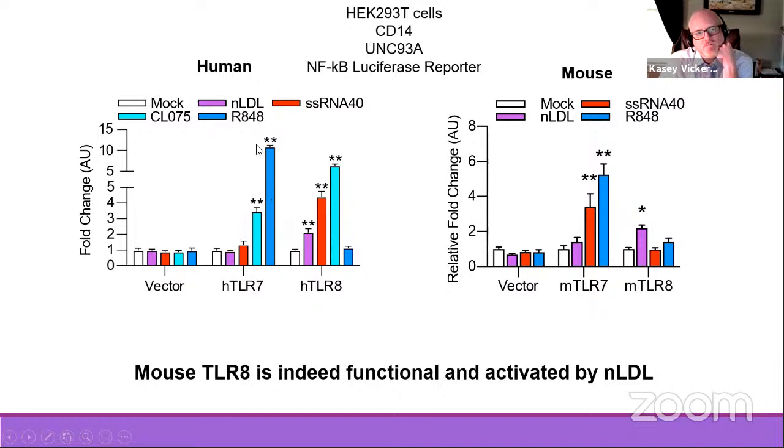It is turned on by some of these nucleoside analogs. Single-stranded RNA 40 is our positive control for all of these. Mouse TLR7 is not activated by LDL, but mouse TLR8 is. And so we think that mouse TLR8 is indeed functional and activated by LDL.